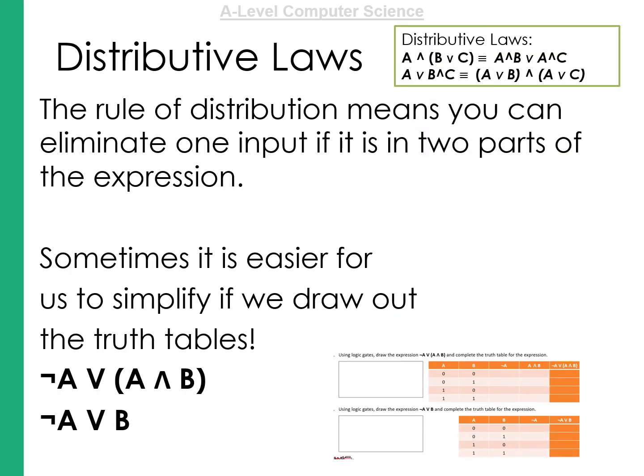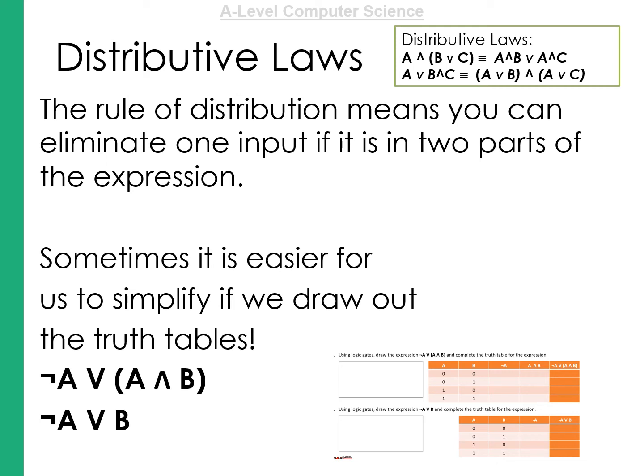Now the distributive laws actually say that you can eliminate one input if it's in two parts of the expression. And actually sometimes it's easier for us to draw out the truth tables to help us. Now the first statement, not A or A and B, actually can just be written out as not A or B. And to show this, I want you to find page 4 in your workbooks and complete the truth tables.